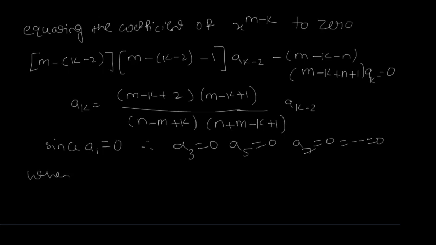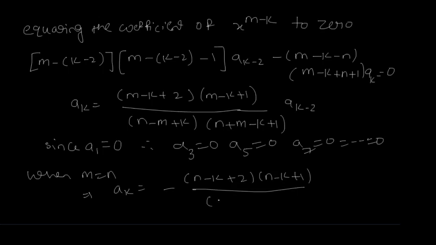Next, when m is equal to n, which implies ak is equal to minus of, putting m is equal to n here, n minus k plus 2 into n minus k plus 1 divided by k into 2n minus k plus 1, ak minus 2, since n minus n cancels.